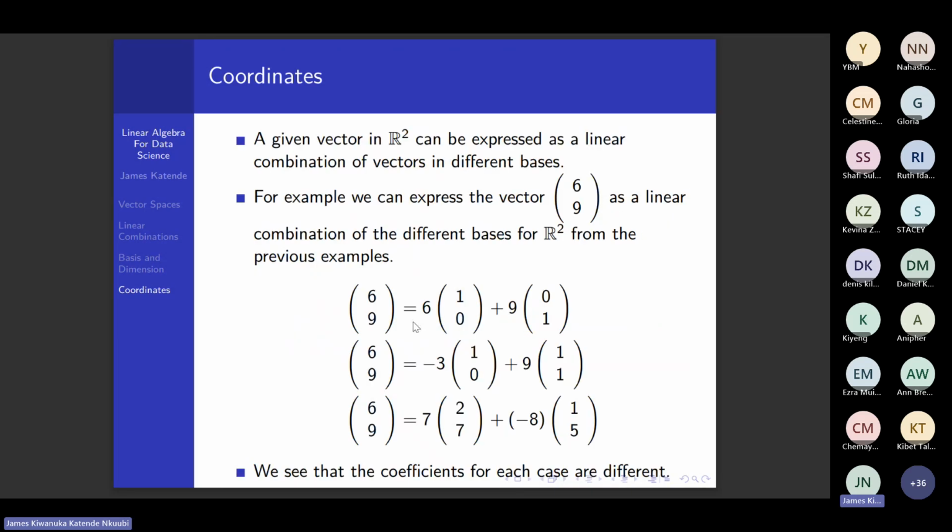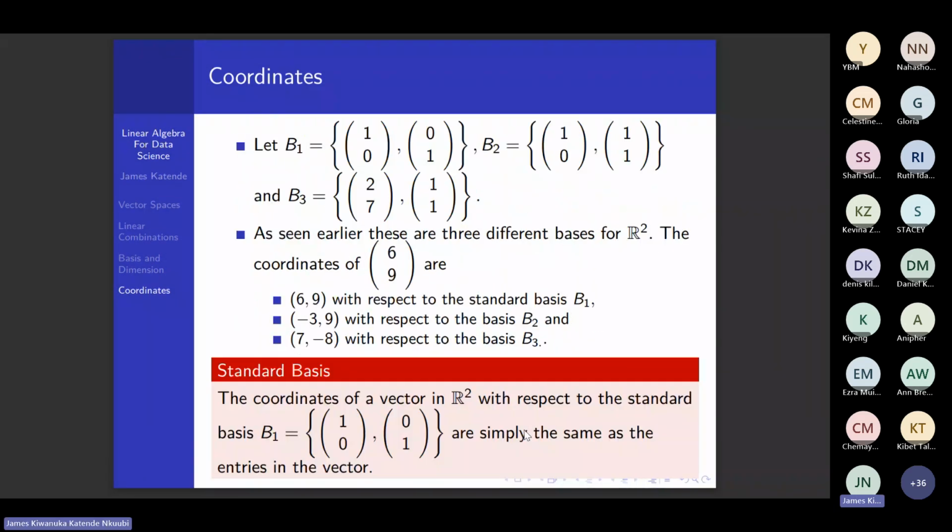The coordinates are already here, so I'm just picking them from there and putting them in this slide, writing out just the coordinates of the vector. The next one is just a remark about the standard basis, which is the same one we have worked with, and the coordinates of any vector will be the same as the entries of the vector.